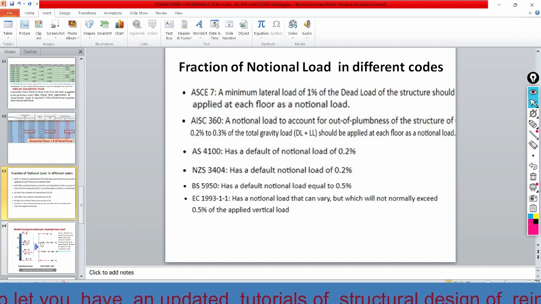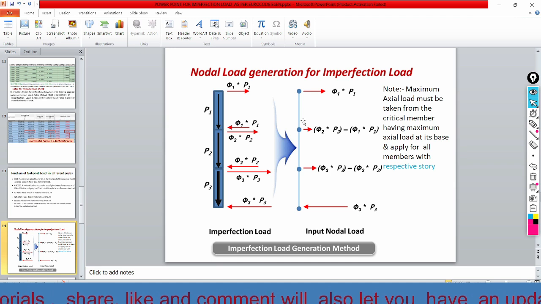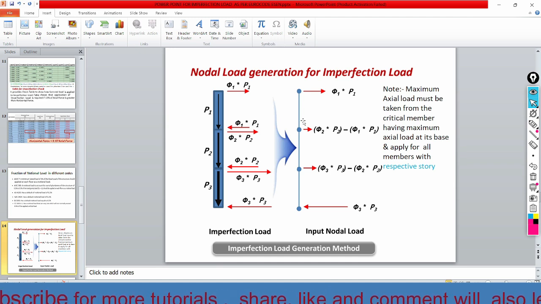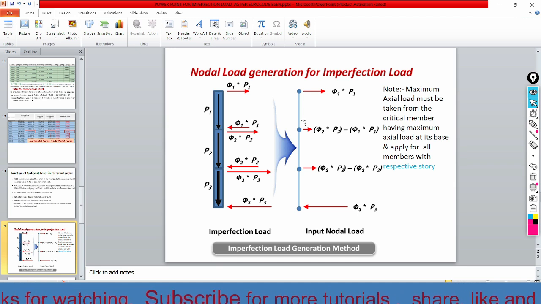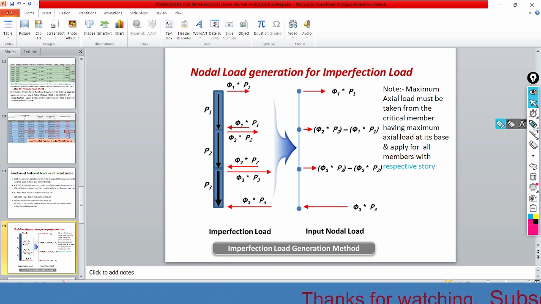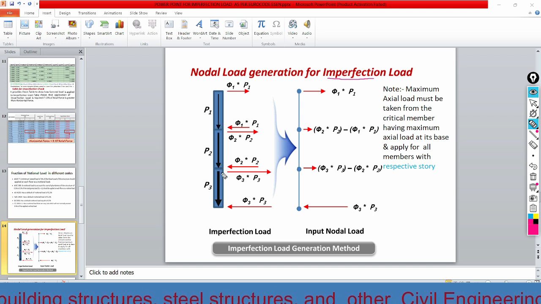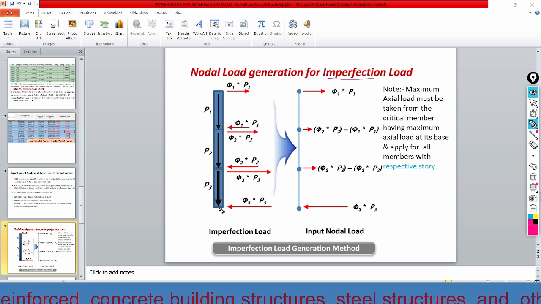And when we come to this example, here is the nodal load generation for the imperfection load. This one is a typical column. This is the axial load, which is obtained from structural analysis.